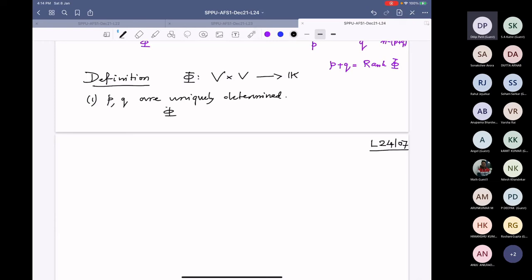So phi is non-degenerate if and only if P plus Q is n. Otherwise, P plus Q is the rank.